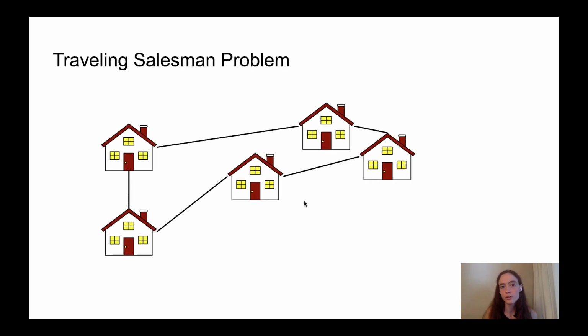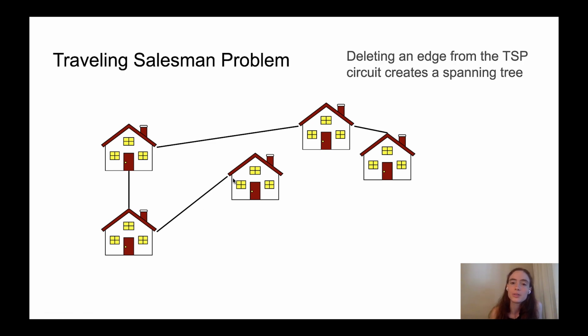So let's return to the traveling salesman problem again. Let's say we know the optimal solution here. If we just delete an edge from this cycle, we still have a connected graph. And so it results in a spanning tree of our original graph.